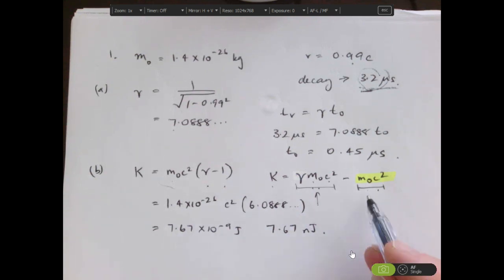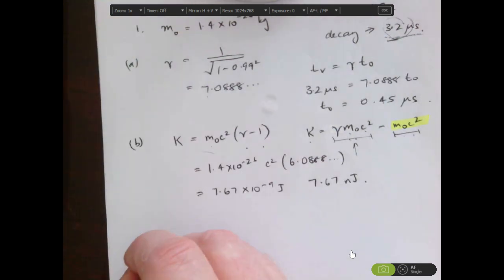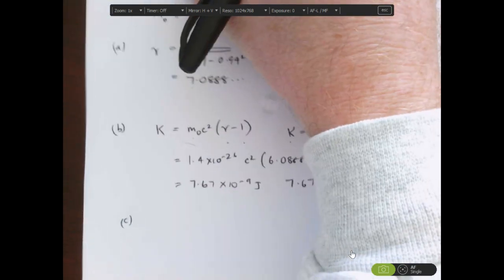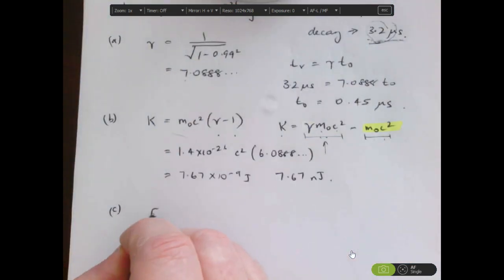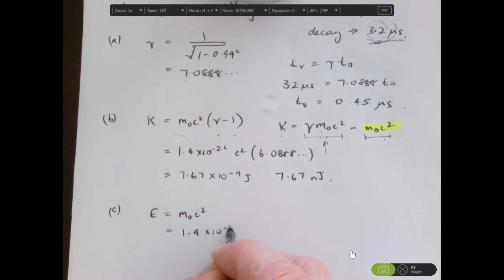So I'm just going to use this one over here. So the rest energy, as you know, is given by the famous equation E equals mc squared, but m naught c squared. This is the rest mass, which is 1.4 by 10 to the minus 26 times c squared.